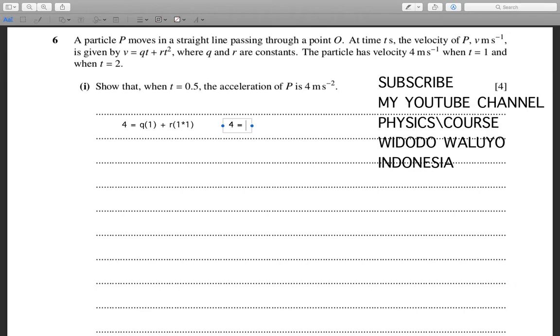If at time 2 we also have 4, then 4 equals q times 2 plus r times 2 squared.